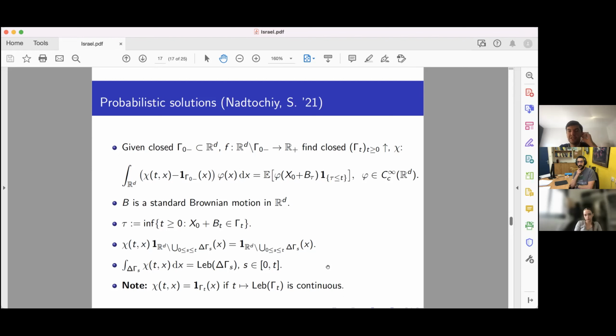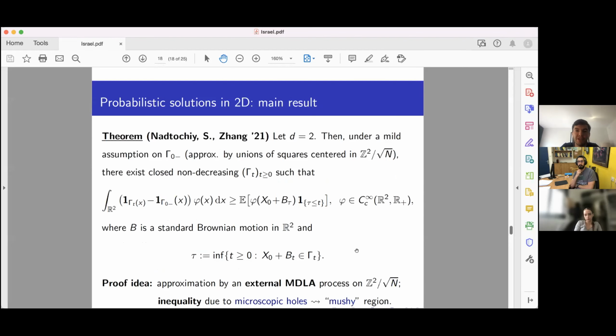Okay. Thank you. Sure. Right, and so the result that we have is that you can prove that there exists a subsolution of this equation where the chi function on the previous slide is really the indicator of gamma t. So basically you satisfy the local growth condition I had described, but only with an inequality, right?